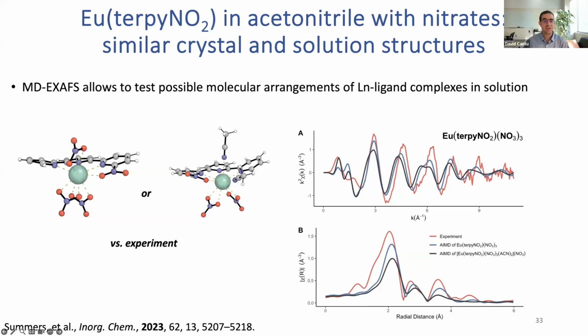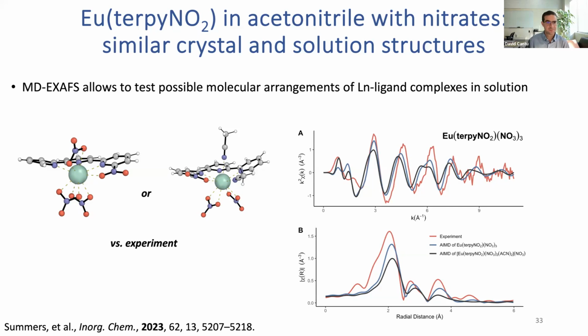Those nitrates always stay there, but we started a simulation with a different conformation. Let's put the acetonitriles in there, move a nitrate out, and predict the spectra. We see a much better agreement with only nitrates. So the simulation that only shows the nitrates, we think, is more representative of what's happening in solution.